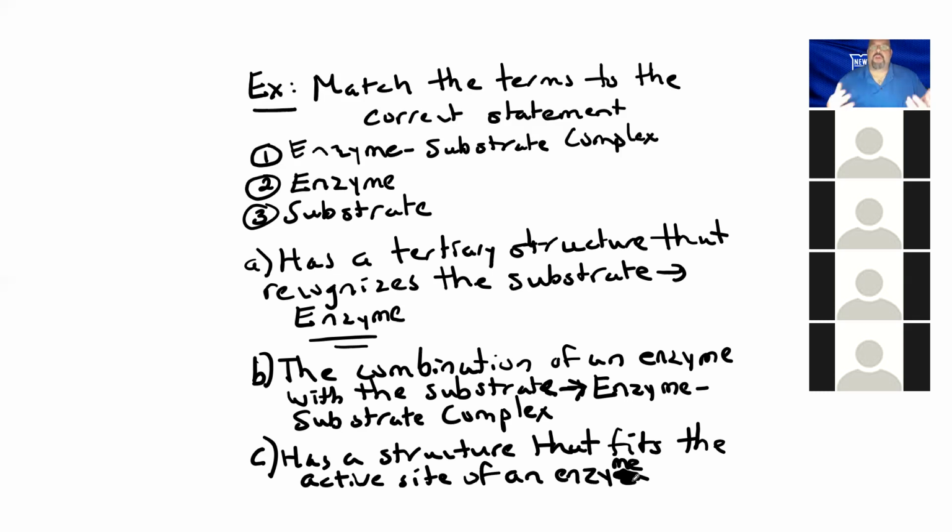But of course, what has a structure that fits the active site of the enzyme? That has to be the substrate. So one of the things you notice in the homework, and as you'll see as we go through our examples of enzymes this evening, it's a lot of memorization of ideas and remembering those ideas to be able to answer questions. And then we'll see some examples of one or two applications as well.